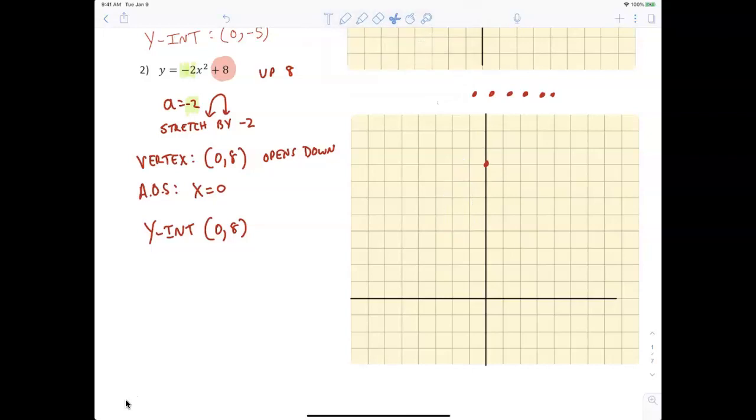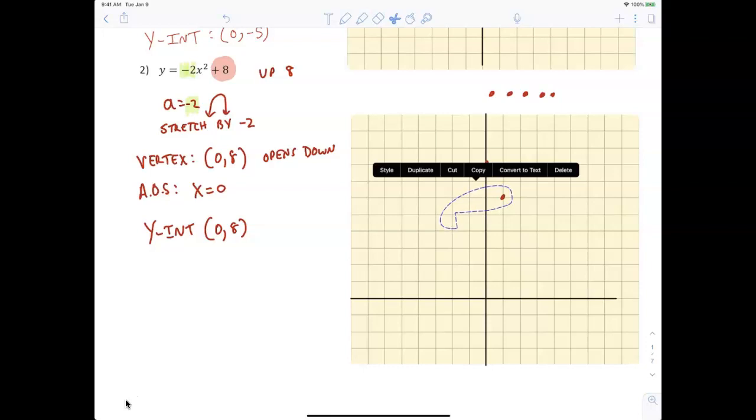So follow along. We're going to take the next point. Normally it'd go over 1 and up 1. This time I'm going over 1, and instead of going up 1, I'm going to multiply that by -2, which means 1 times -2 is -2. So that means I go down 2.